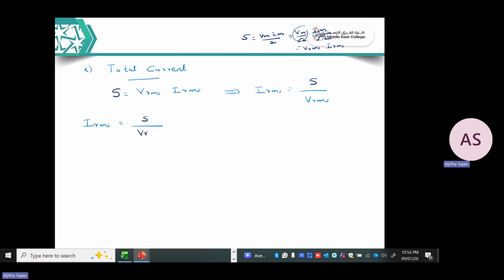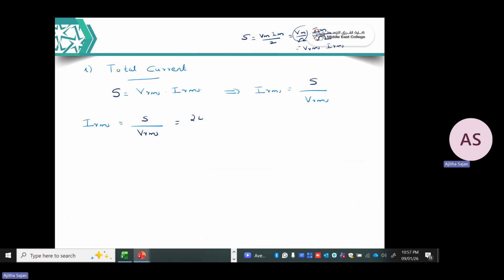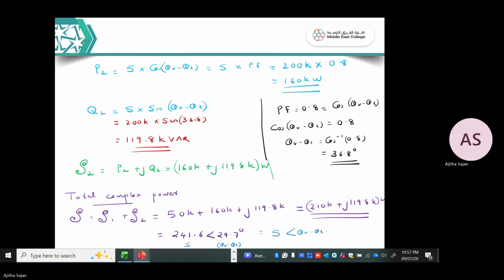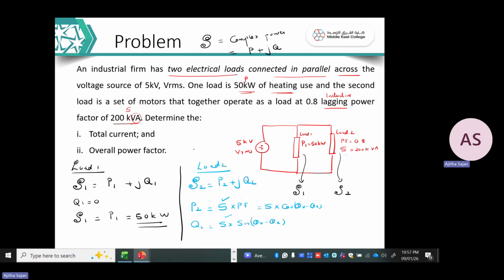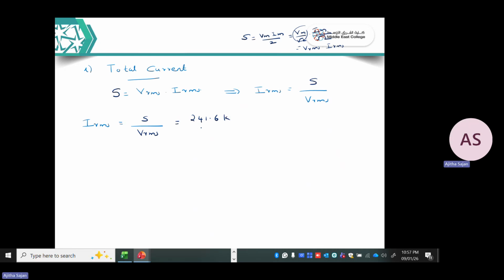So how much is your S? Already you got S as 241.6 kilo. And divided by VRMS.